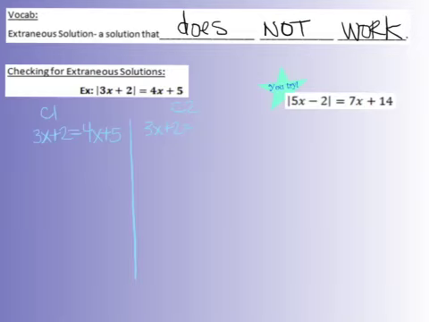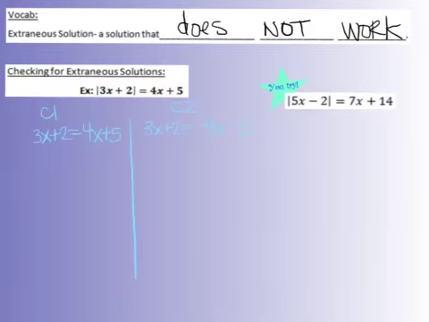I'm taking the opposite. And then instead of plus 5, it's going to be minus 5. Alright, so again, notice that the expression inside the absolute value stayed exactly the same. And what changed was what was outside, or on the other side of the equal sign. So case 1 stayed the same too, but case 2, I changed the signs.